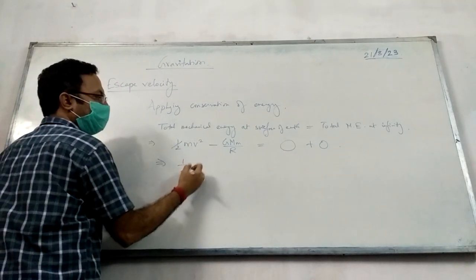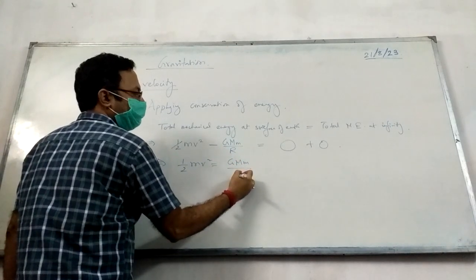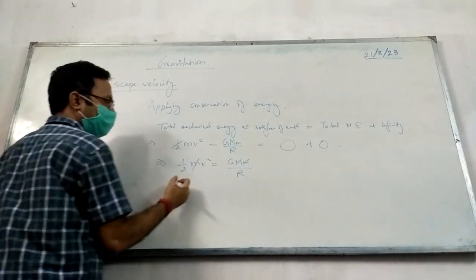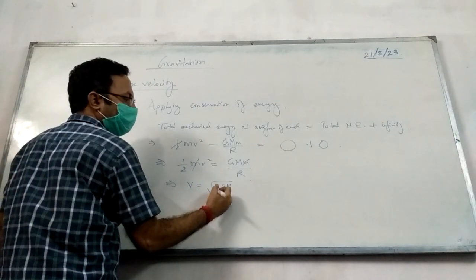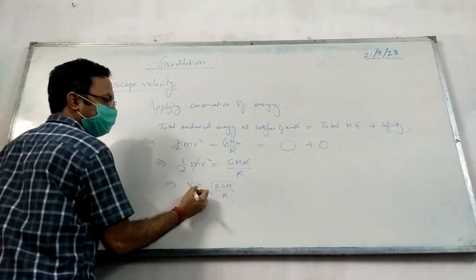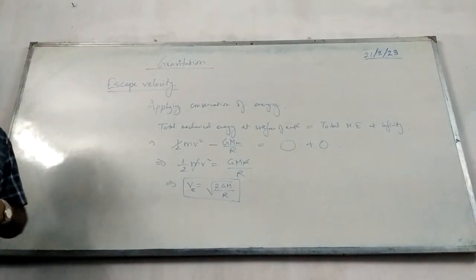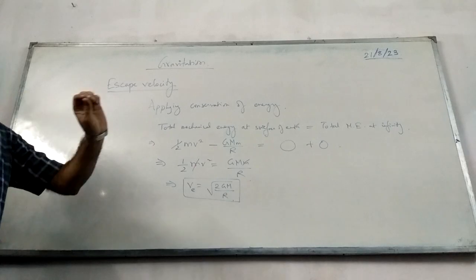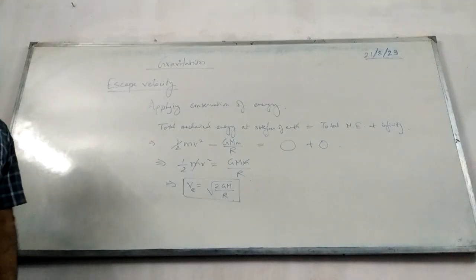So we can write half mv square equal to GMm/R, so v equal to root over of 2GM/R. This is called escape velocity. That means if you give this much velocity to an object and there is no air resistance or anything, it will never come back to earth.